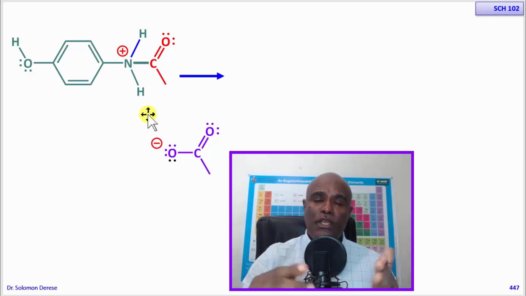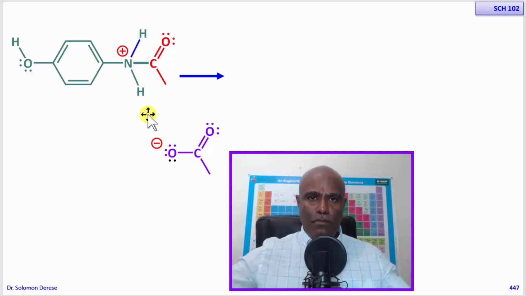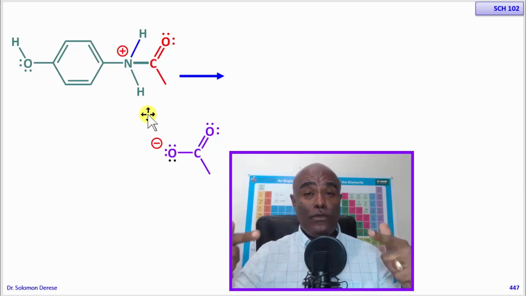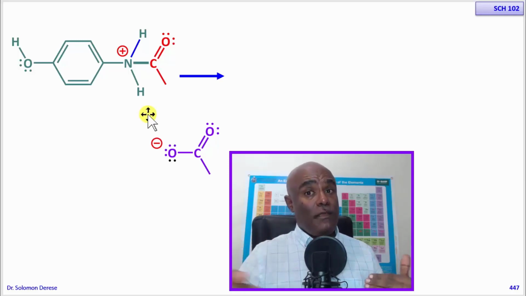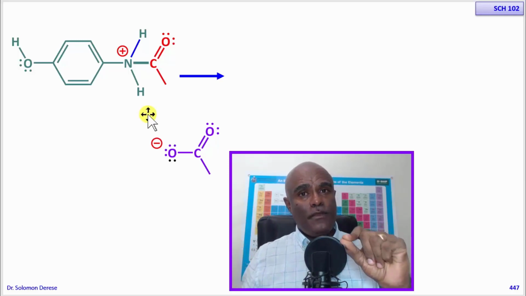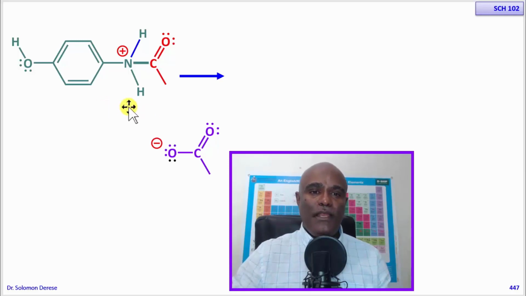So when you put a positive charge on an electronegative atom like nitrogen or oxygen, they are not going to be happy about it. They will use all their power to pull electrons from their neighboring atoms in order to neutralize the positive charge that has developed on them. At all costs, they will pull electrons from the neighboring atom so that they become neutral. In this bond between nitrogen and hydrogen, under normal conditions, the bond is polarized.